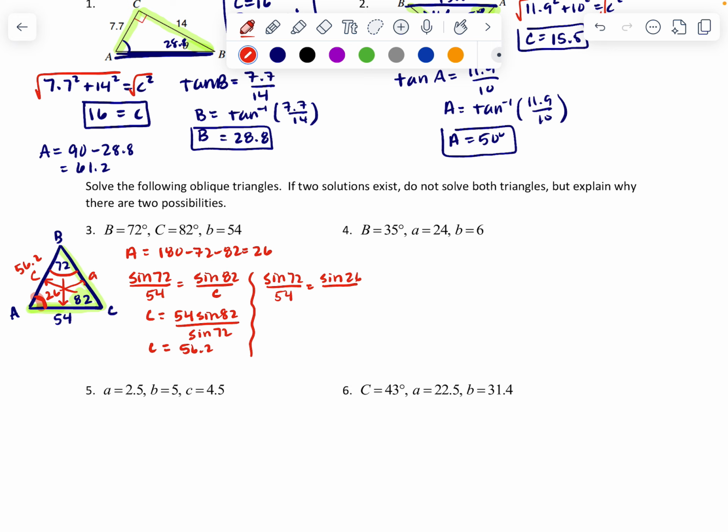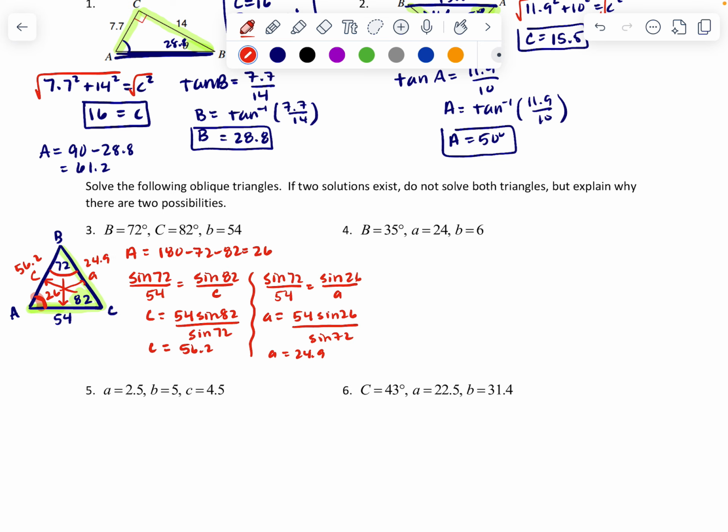Again, I'm going to cross multiply, 54 sine 26, all divided by the sine of 72. I got 24.9. So little a is 24.9. All right, so I just found all the angles and all the sides, so I'm done.